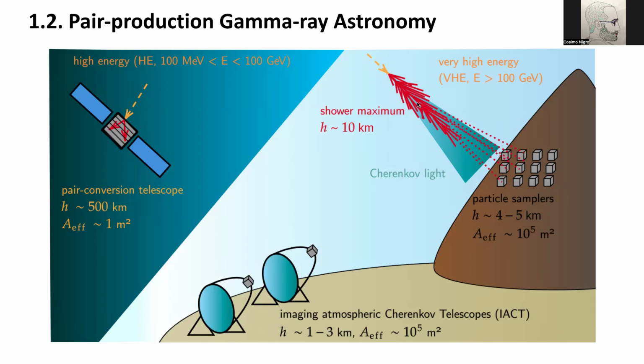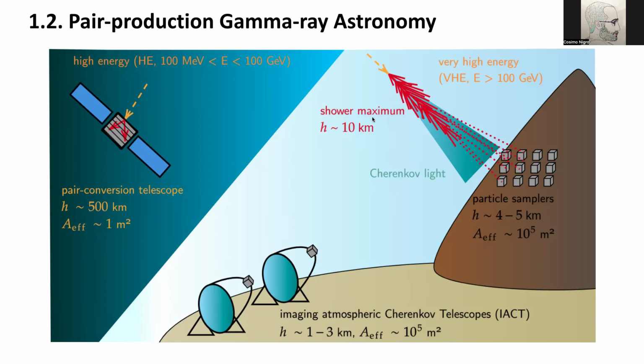Or, since we now know that the shower also produces Cherenkov light, we can measure the Cherenkov light emitted. This is what imaging Cherenkov telescopes do. You have a big reflector and a camera with fast electronics to capture the development of this very thin light.